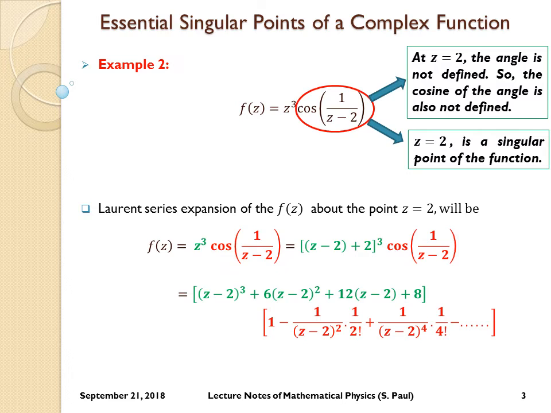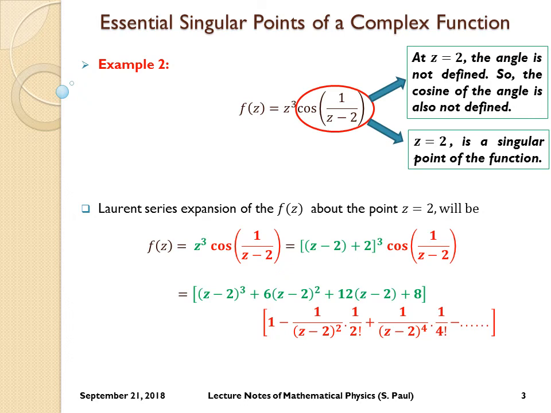And in the second part, we have used the standard expansion of cosine theta and written cos of 1 by (z minus 2) as 1 minus 1 by (z minus 2) whole square into 1 by 2 factorial plus 1 by (z minus 2) to the power 4 into 1 by 4 factorial, and so on. Multiplying these two series, we will get the final form of the required Laurent series expansion.